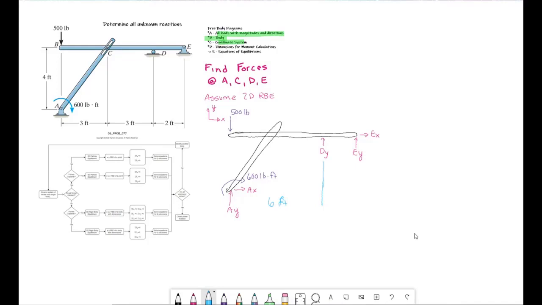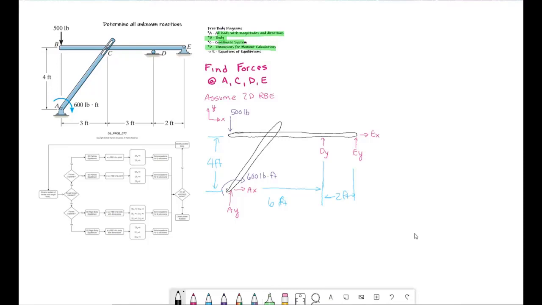And then we've got another 2 feet over to E. We do need the elevation of EX, so that's going to be 4 feet. It looks like for this free body diagram, everything's set up so we can write our equations of equilibrium.